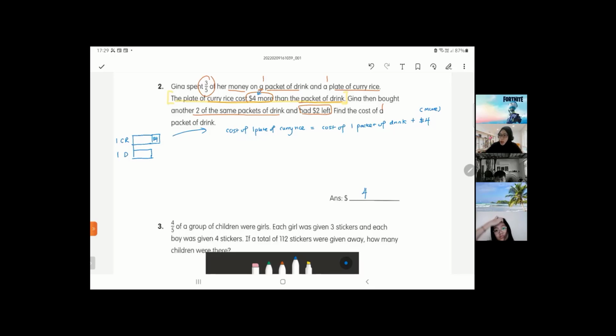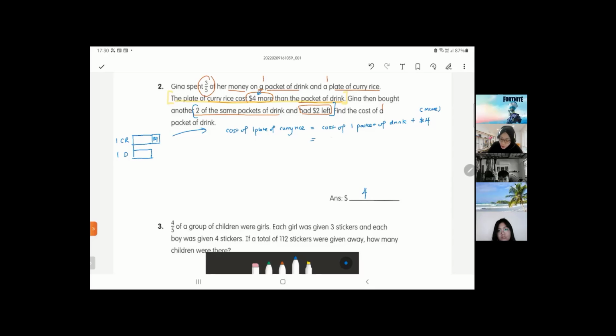So the cost of 1 plate of curry rice and a packet of drink is equal to the cost of 2 packets of drink, because she bought 2 packets and got $2 left. I know the curry rice is more. What I want is this: Gina bought 2 of the same packets of drink and had $2 left. So she didn't only buy 1 packet, she bought 2 packets.